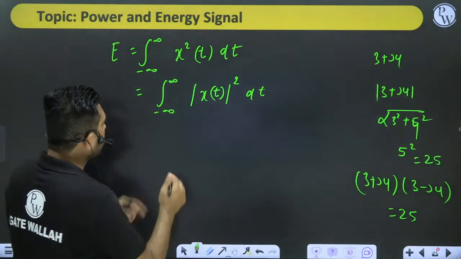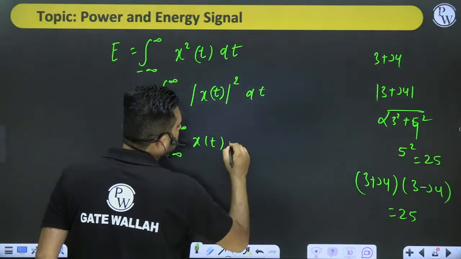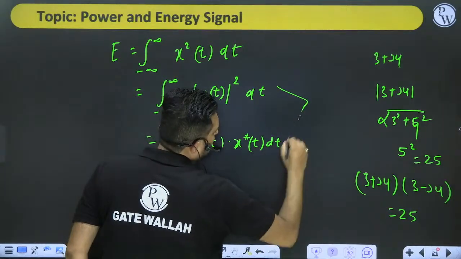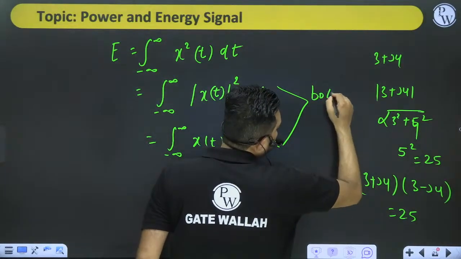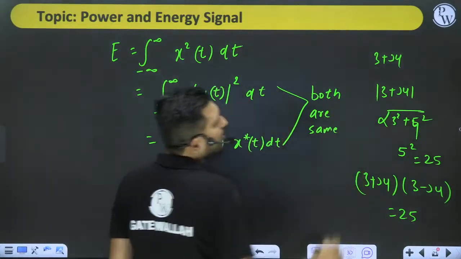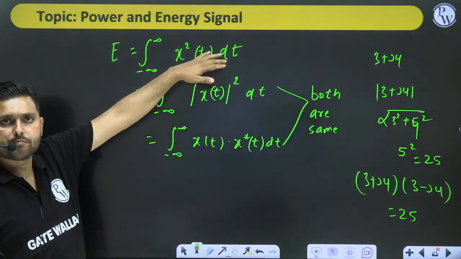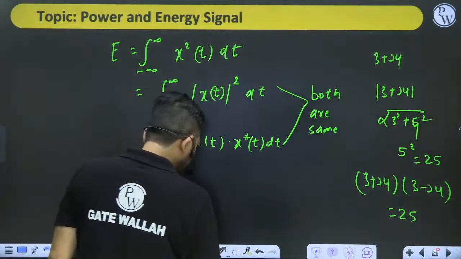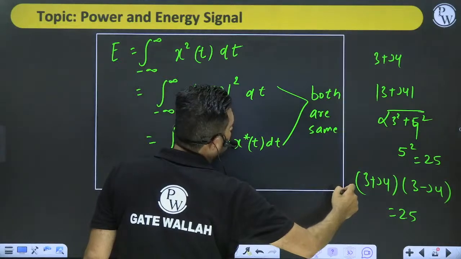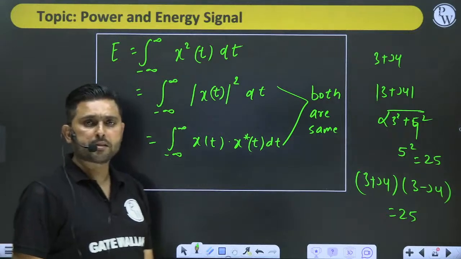So you will write either in this form or in this form. Both have the same meaning. Both are the same. And for a real one, you have this one. So this is my energy representation of a particular function.